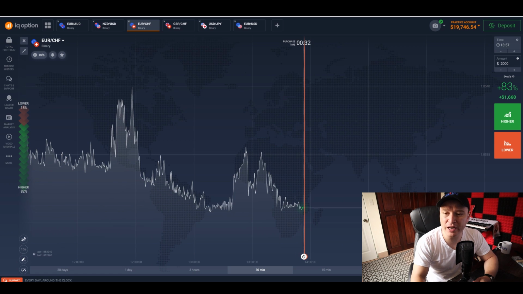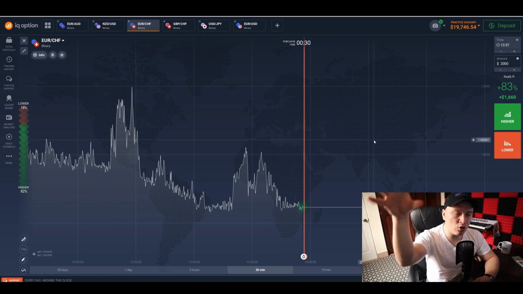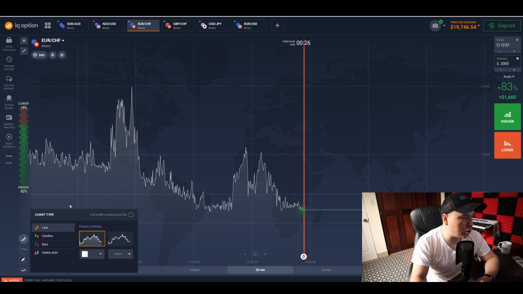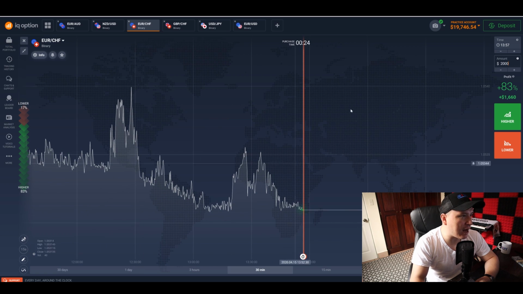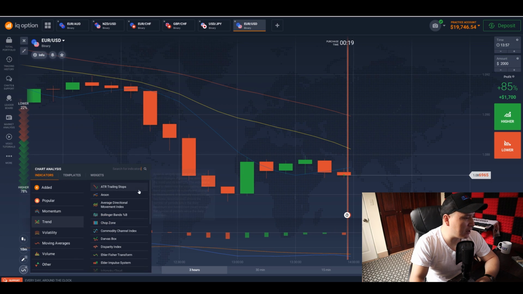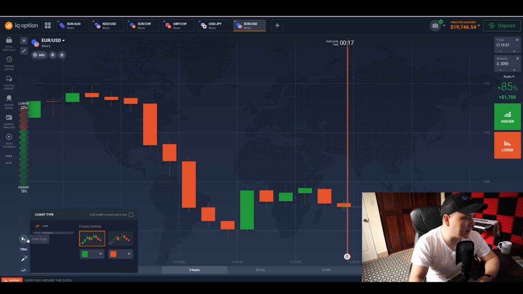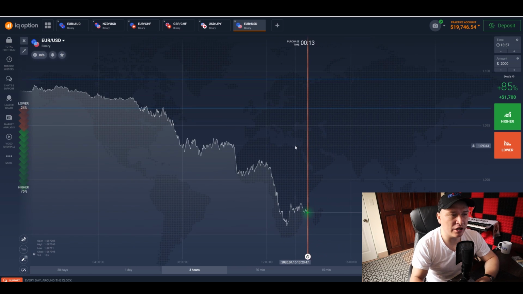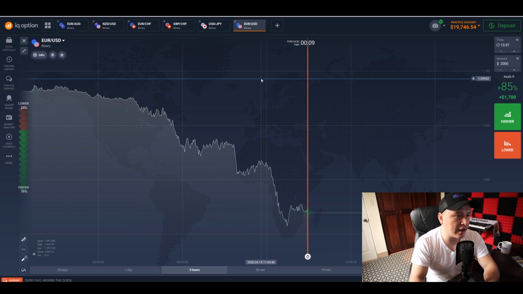So I open my IQ Option account and jump into trading. Let me switch my pair. There you go, this is how the actual chart is going to look for you when you start with your account with IQ Option.